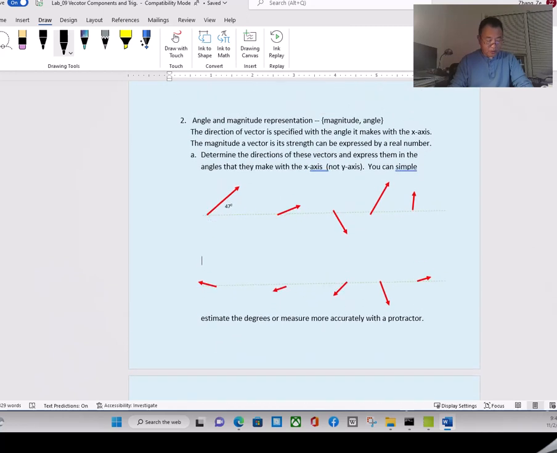The next question is, the vector can also be represented by the magnitude, the strength, and then an angle, and put this in a curly brace. So the direction of the vector is specified with the angle it makes with the x-axis. Realize that this is the protocol: you always measure the angle from the x-axis, which means always a positive number from 0 to 90 to 180 and all the way to 360.